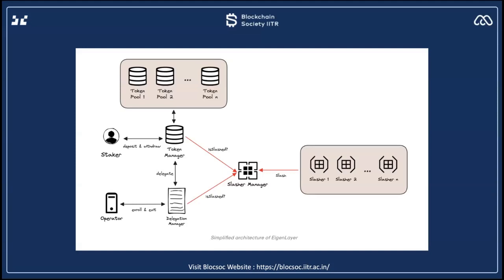Then the delegation manager, as I said, is responsible for managing which stakers are delegating to which operators. And these services that are run on top of EigenLayer, like an Oracle service or any other service, are called actively validated services, AVSs. So these AVSs, as I said previously, must have a very defined mechanism to identify malicious behavior.